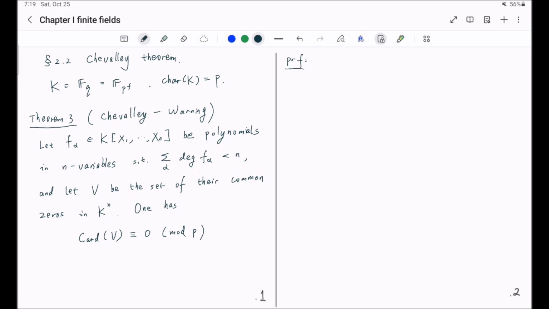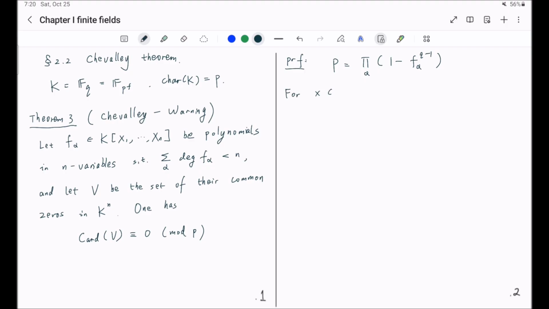We put the polynomial P as a product of 1 minus f alphas to the power q minus 1.